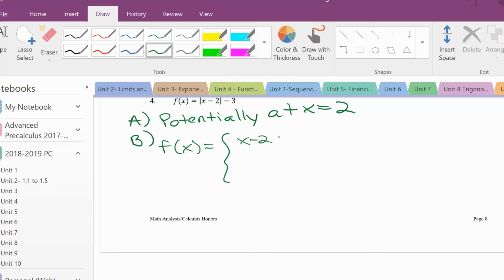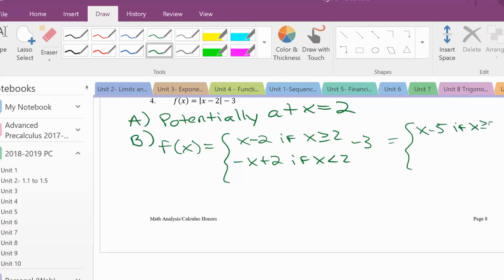So it's going to be x minus 2 if x is greater than or equal to 2, and it's negative x plus 2 if x is less than 2, but then remember you have to subtract 3. So it's really going to be x minus 5 if x is greater than or equal to 2, and negative x minus 1 if x is less than 2.